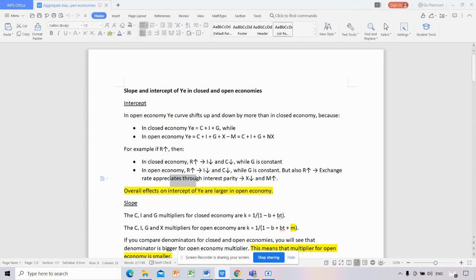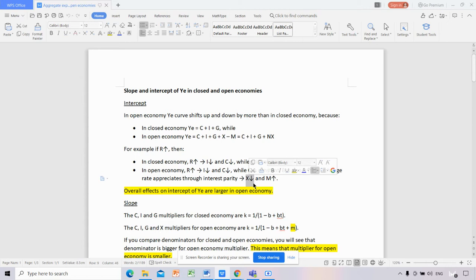And in that foreign country, the price of imports is higher and the quantity of imports is smaller. But their imports are our exports. So if their imports decrease, it also means that our exports to this foreign country decrease. That's why appreciation of domestic currency is decreasing the exports from domestic to overseas.